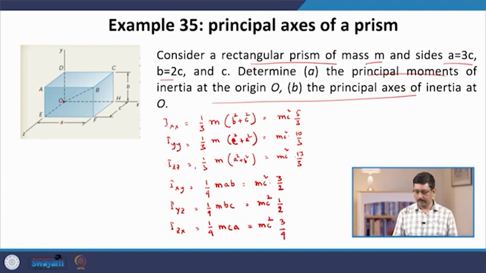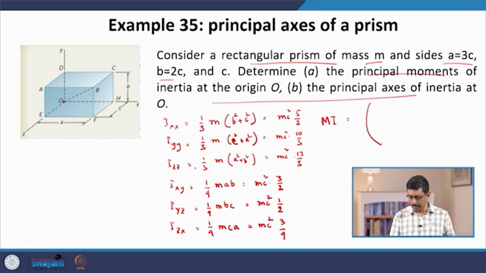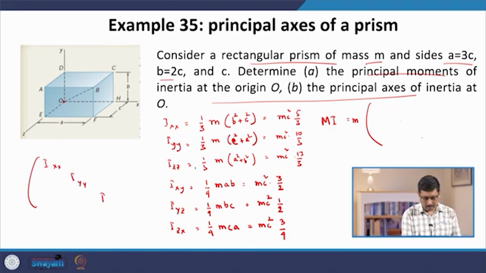Then we can write down the moment of inertia tensor as a matrix, where the diagonal terms are Ixx, Iyy, Izz. I am going to take m c square out as a common factor and represent it as a matrix.